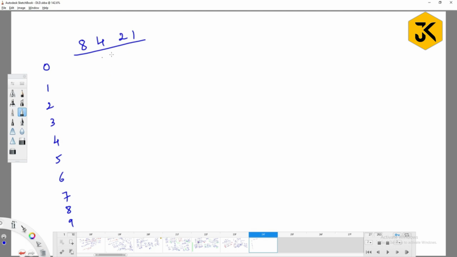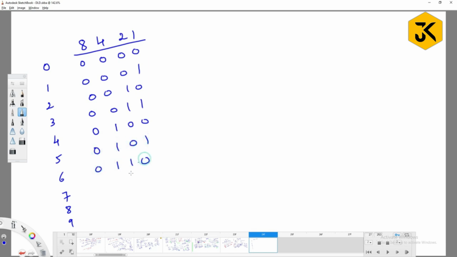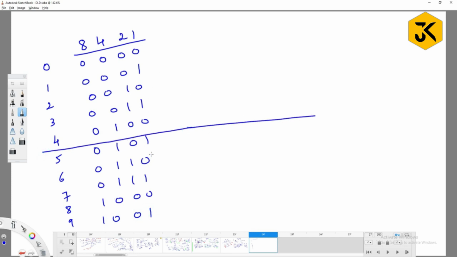How do we get the 0? By making all bits 0, then 0001, 0010, 0011, 0100, 0101, 0110, 0111. This is the basic thing we follow in the 8421 approach.